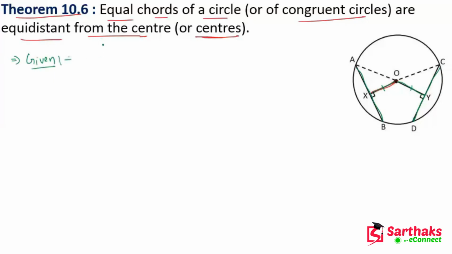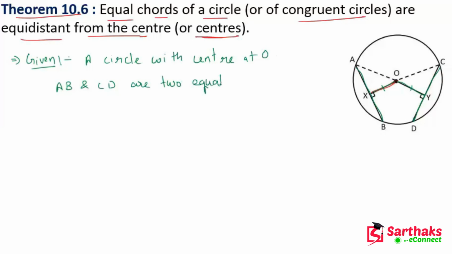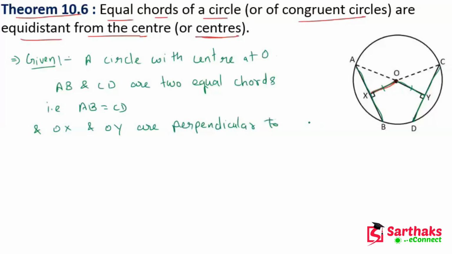We have a circle with center at O, and AB and CD are two equal chords, that is, AB is equal to CD, and OX and OY are perpendicular to AB and CD respectively.